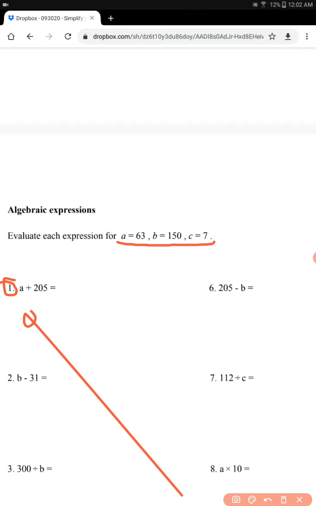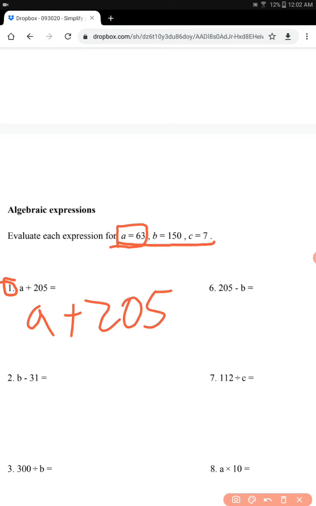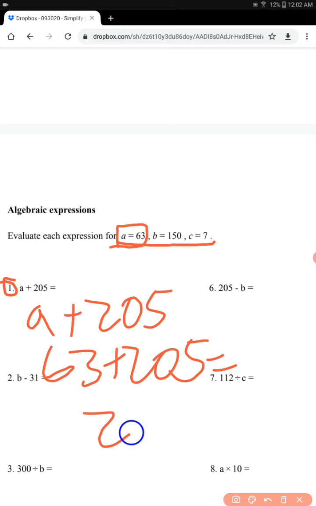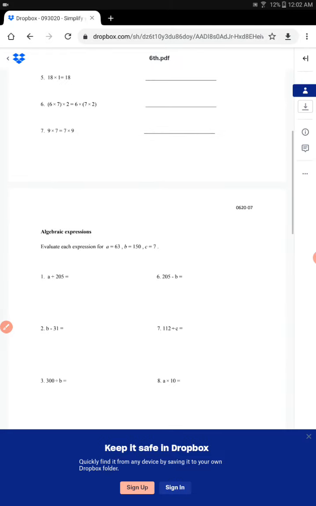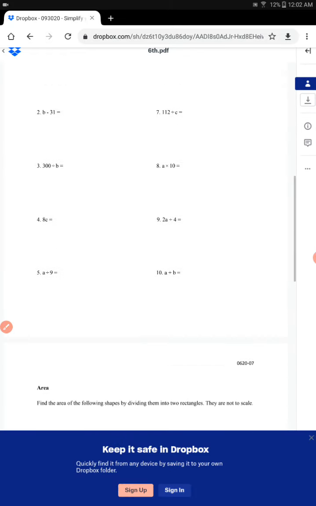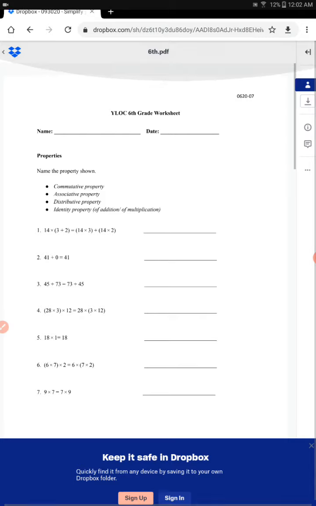A equals 63, so we're just plugging in: 63 plus 205 equals 268. Pretty simple. So you're just going to do that for these 10 problems here.